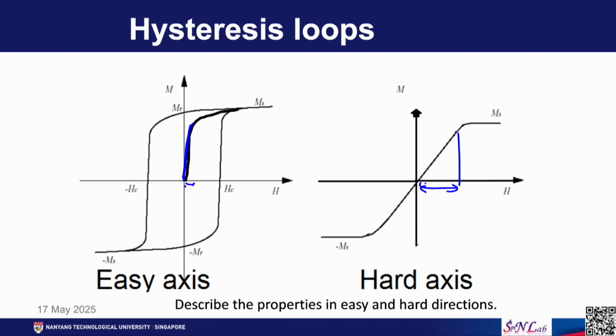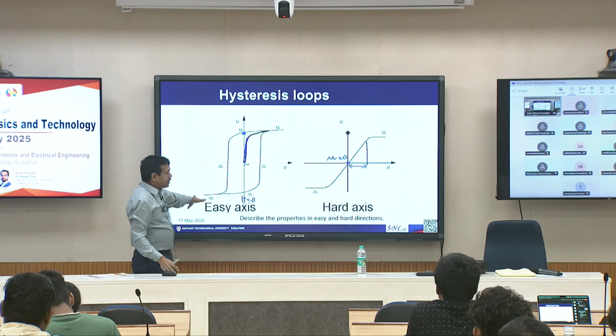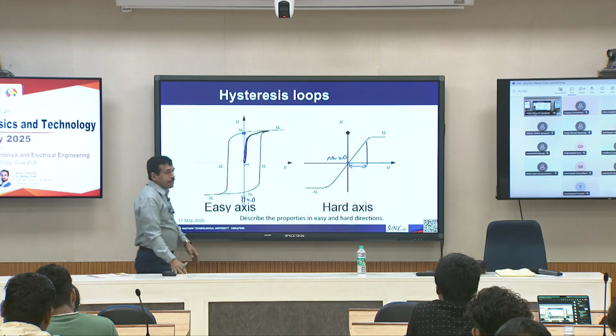And you can also notice that once you remove the magnetic field, so you know that here is 0 field, a large magnetization is retained, whereas here the retention is almost 0. So, this will be the difference between the hysteresis loop in the easy direction and the hard direction.